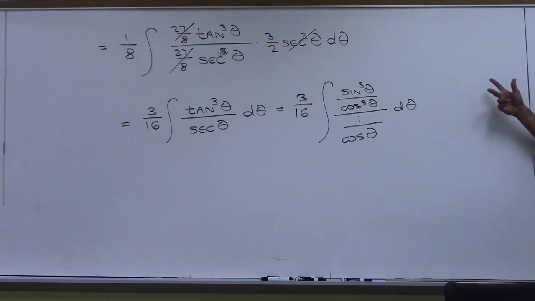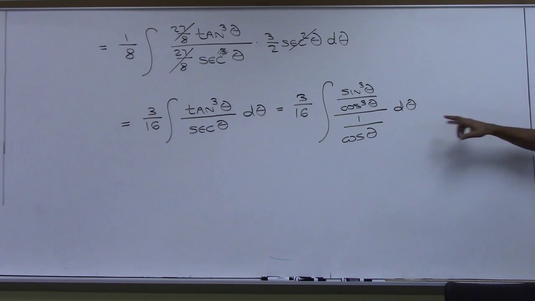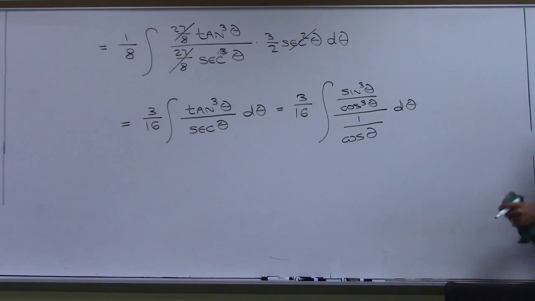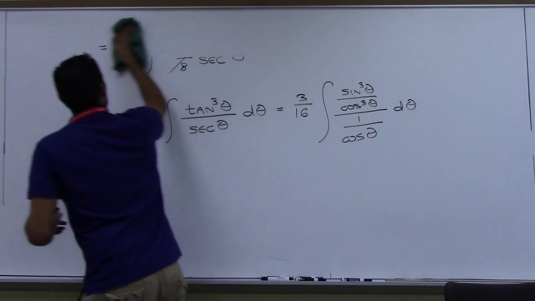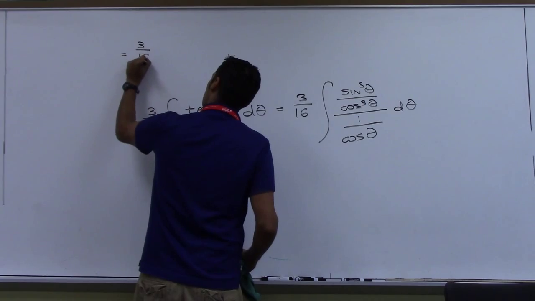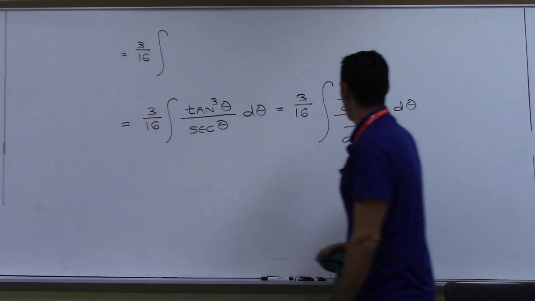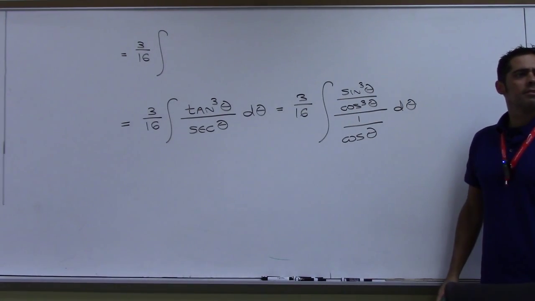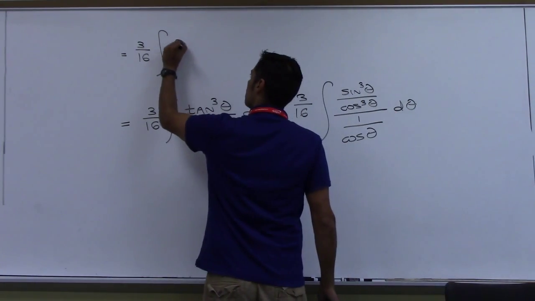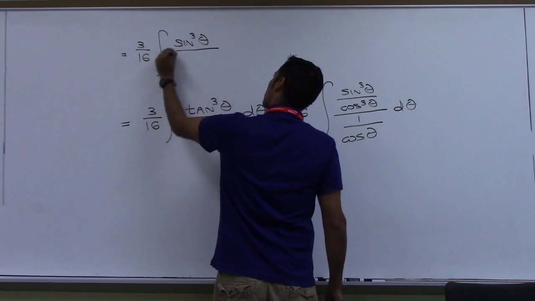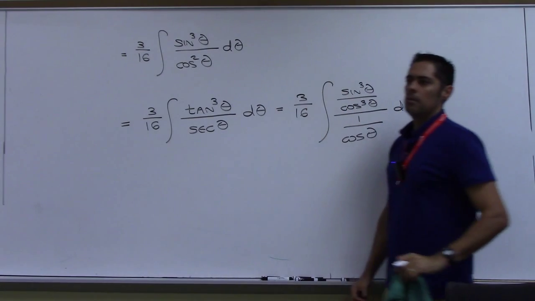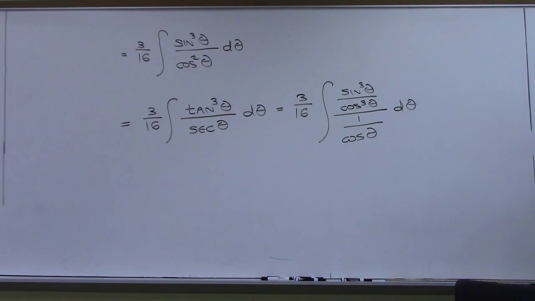Then you flip it, and one of the cosines cancels, which leaves you with 3/16 integral sine cubed over cosine squared.